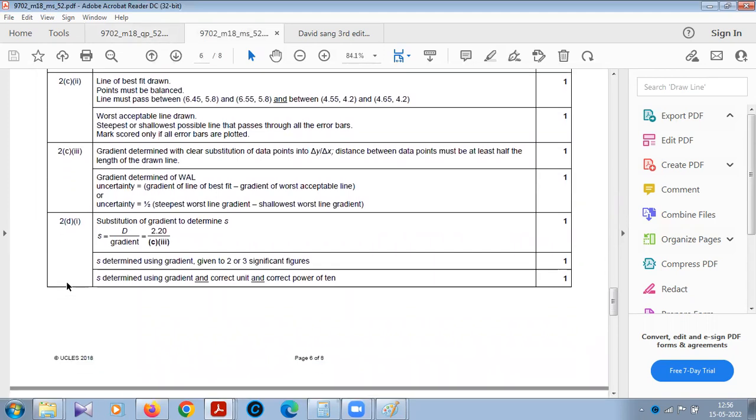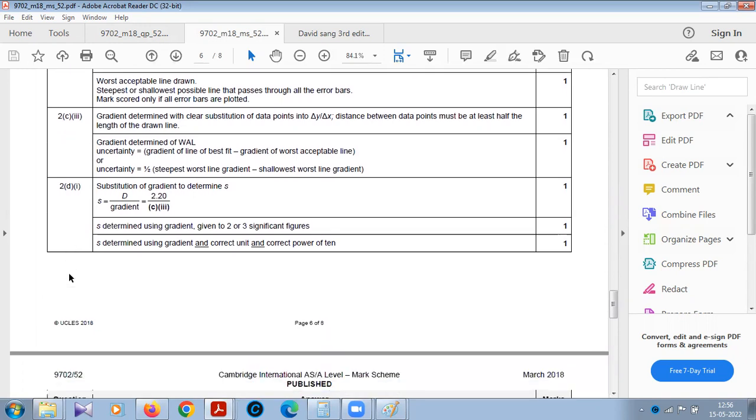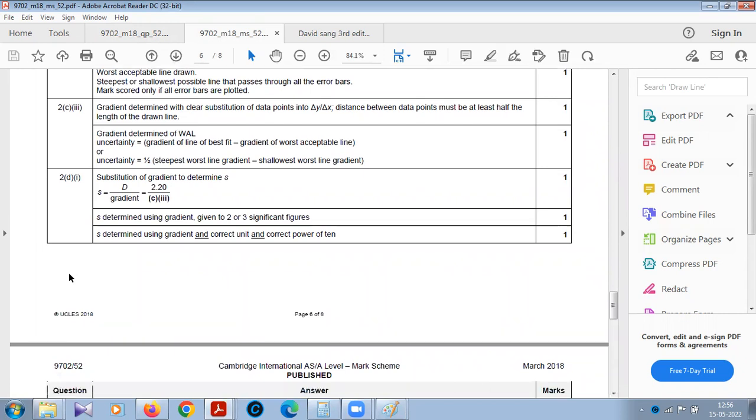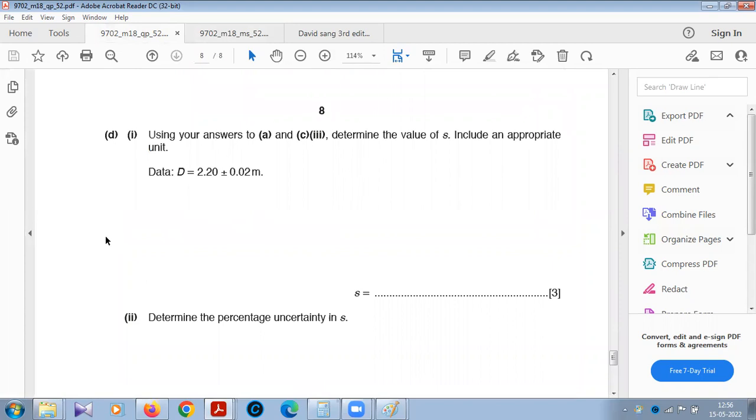Use the gradient you found for the best fit line, divide, and give 2-3 significant figures. The answer would be in millimeters.